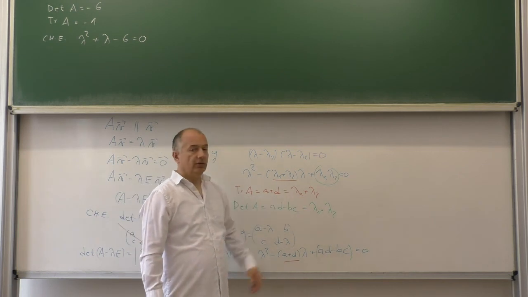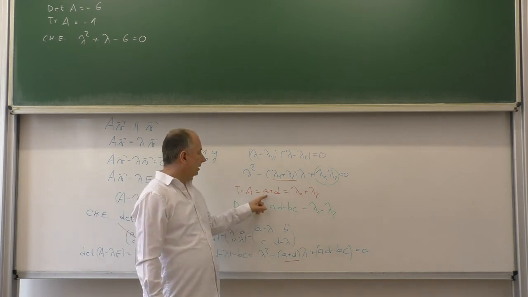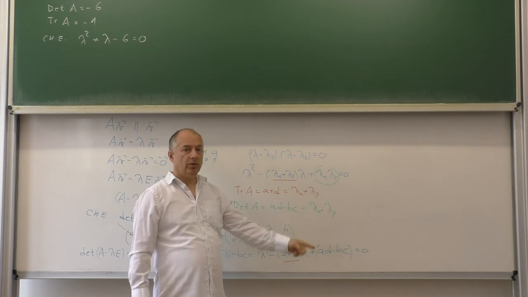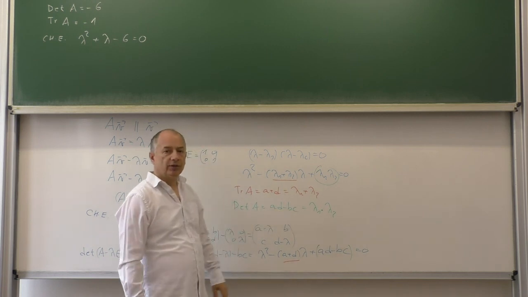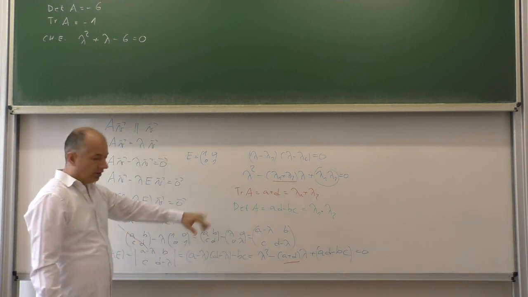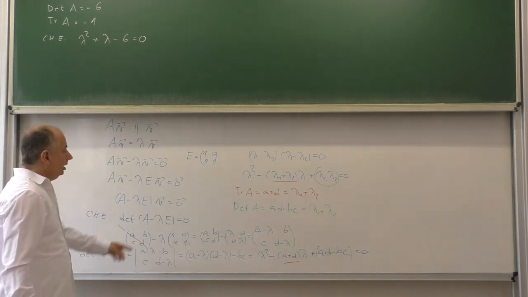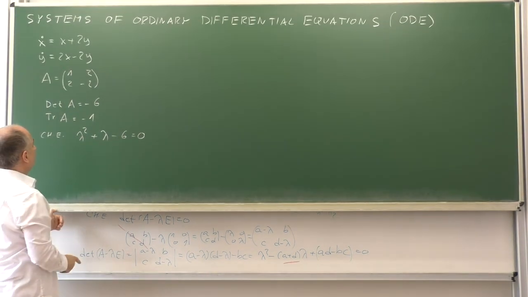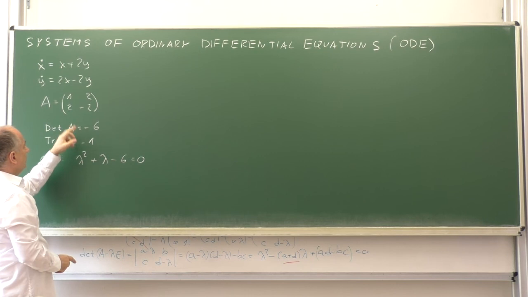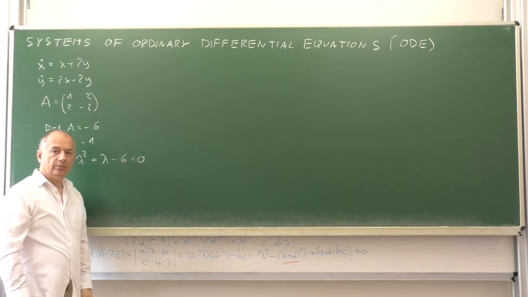This is true even for larger matrices. Then the trace is again the sum of the entries on the main diagonal, but the determinant is a more complicated expression for larger matrices. So this is the explanation how we can quickly write down the characteristic equation just using these two very simple steps, very simple computations.